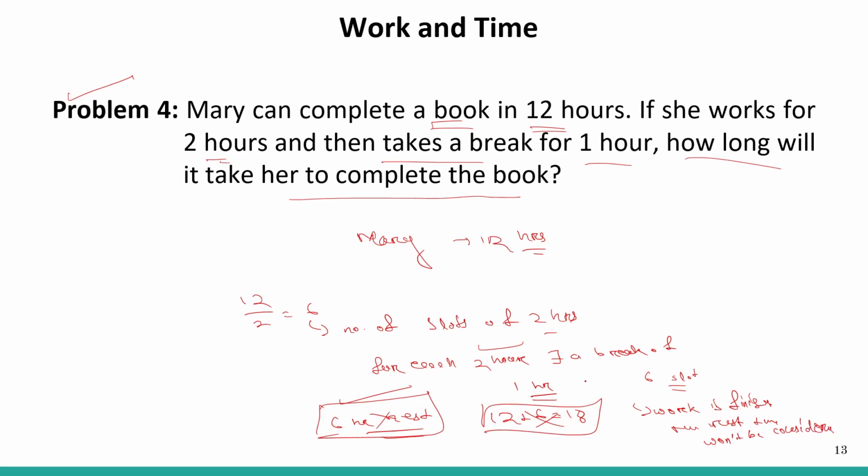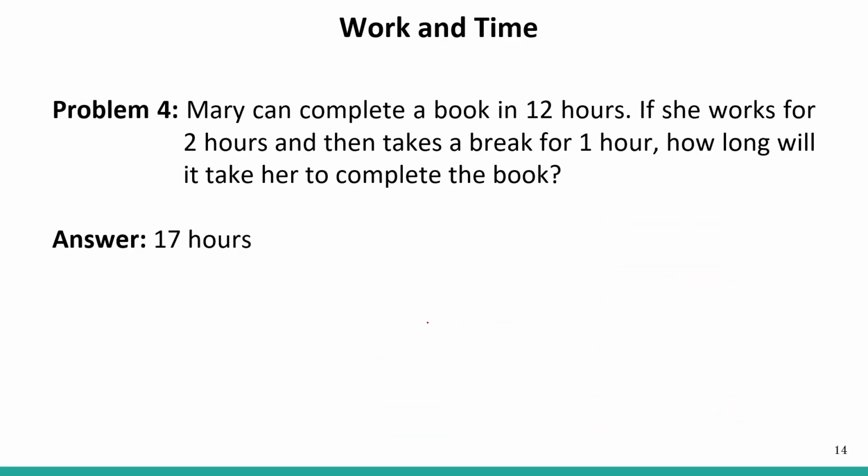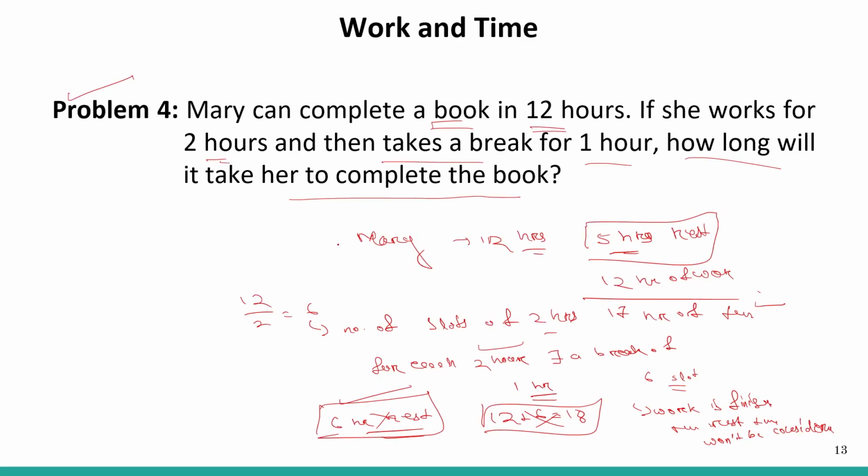So if 1 hour of rest time is not considered, then there are 5 hours of rest, right? So if she takes 5 hours of rest and 6 slots of 2 hours, that is 12 hours of work, total how many hours? That is 17 hours to complete the book. So the answer will be 17 hours. So she will take 17 hours to complete the book.